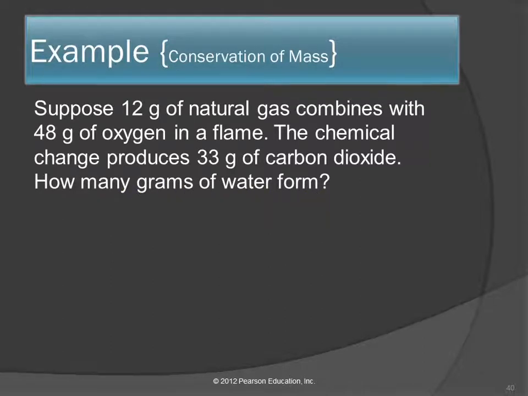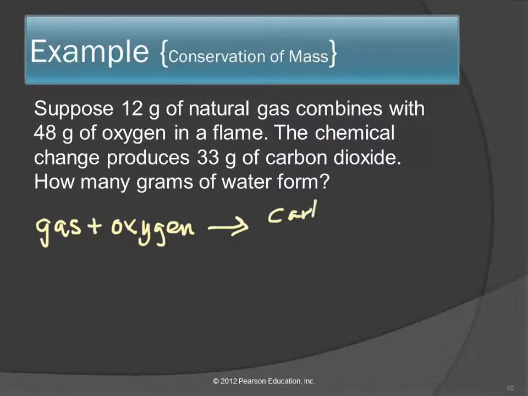So they are giving us the names of the reactants and products. What are the two things that are reacting, that are burning? The natural gas and the oxygen. Those are burning, and what are they forming? Carbon dioxide and water.